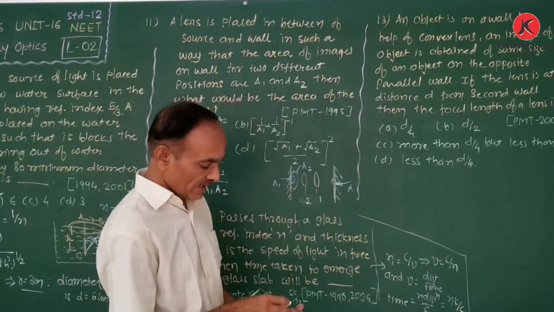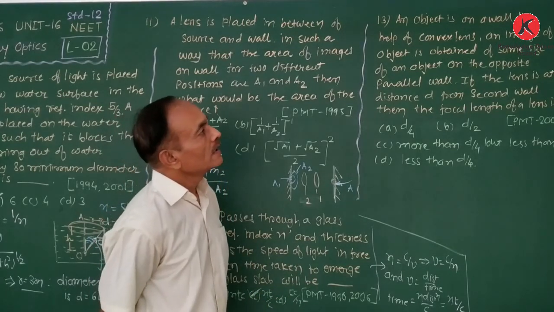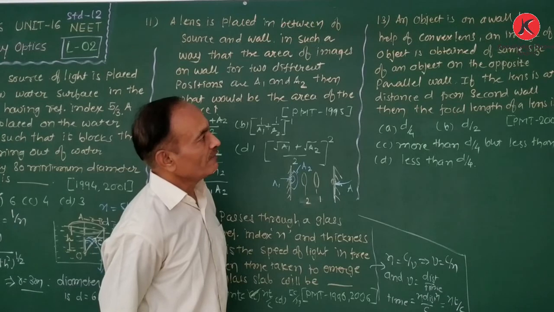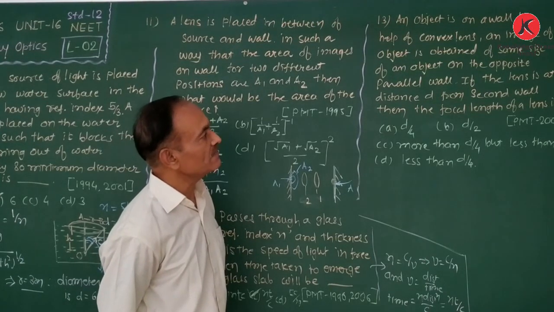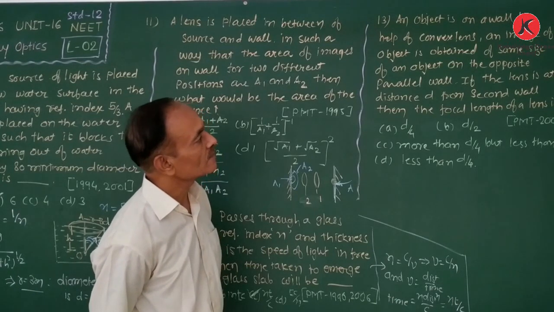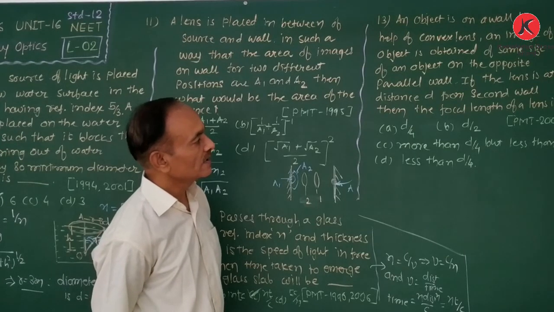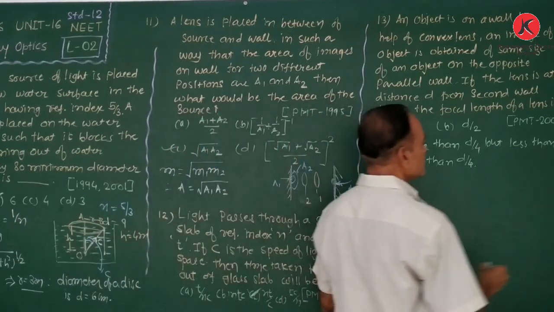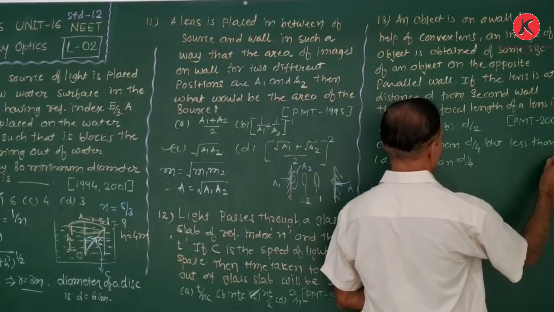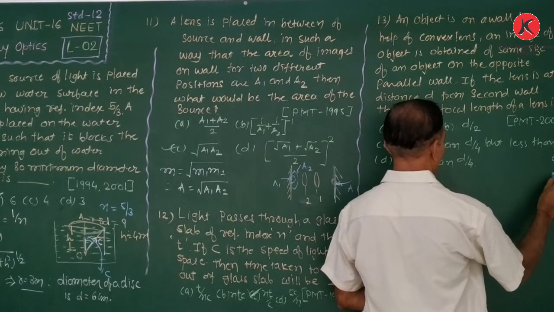Now, next numerical. An object on a wall, by the help of a convex lens, an image of the object is obtained on the same side as the object, on the opposite parallel wall. If the lens is at distance d from the second wall, then the focal length of the lens is. Now listen here. There is one wall. The source is placed on the wall.